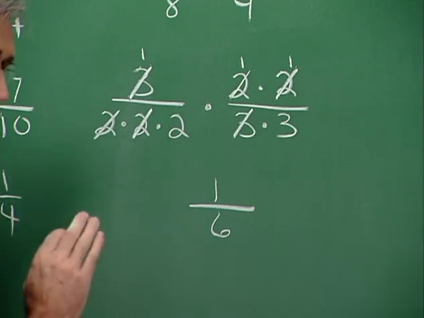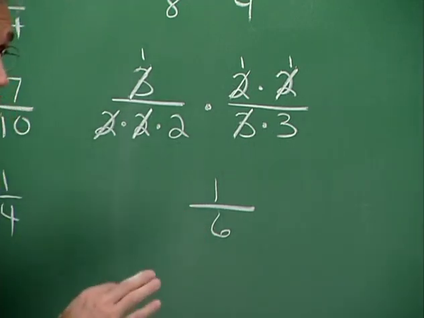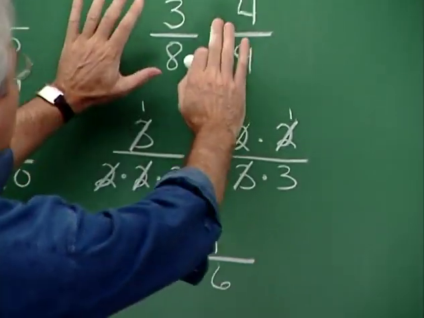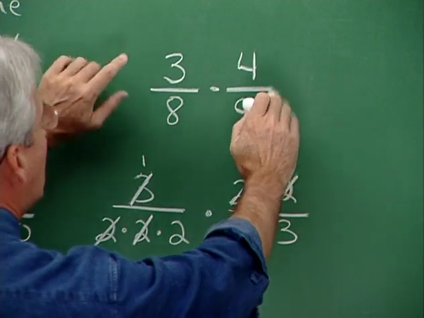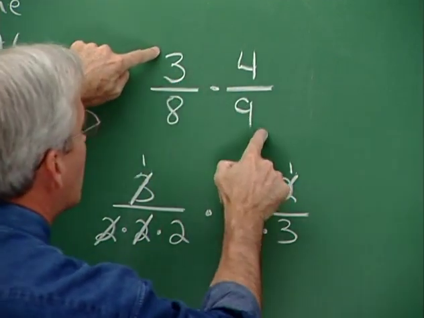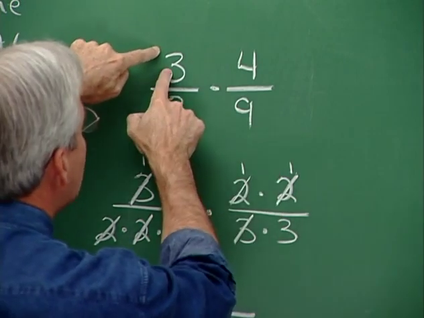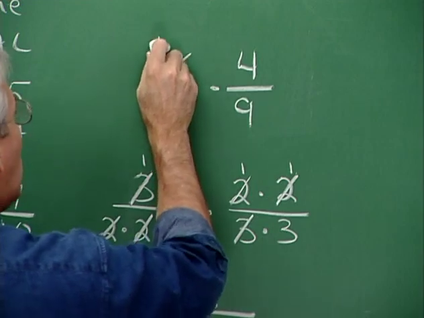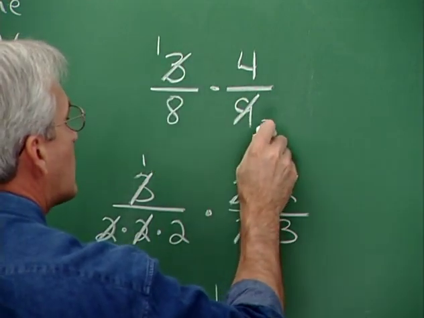Now, another way to approach this cancellation idea and to get rid of these factors that we see here is to look at the original problem and just look for those cancellation opportunities between the numbers that appear up here. We say 3 goes into 9, so 3 into 3 goes 1, and 3 into 9 goes 3.